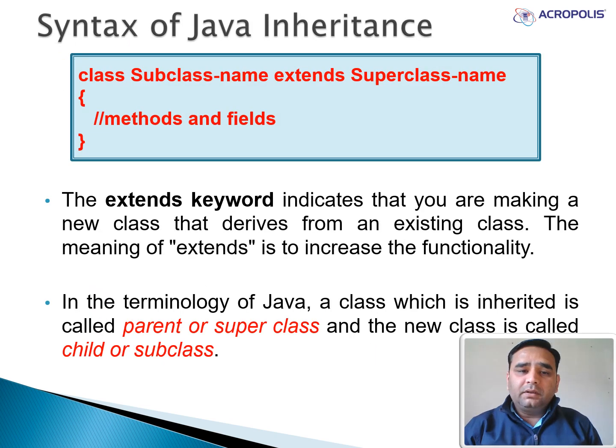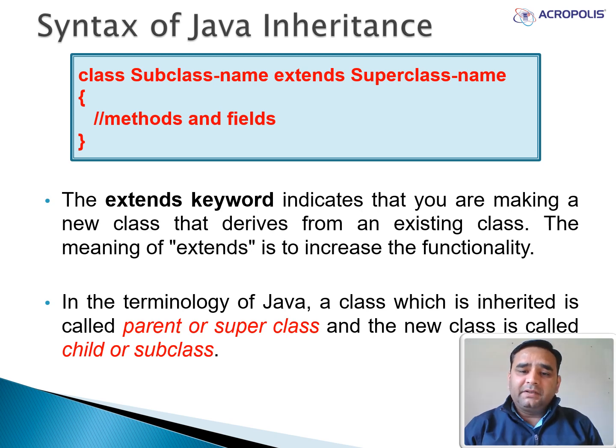So this is the syntax for inheritance in Java, how inheritance can be used. To use inheritance in Java, we have to use the keyword called extends. The subclass name is the new class that we are creating, and the superclass name is the existing class. So we use the keyword class, then the new subclass name, then the extends keyword, and the existing class name or the parent class name.